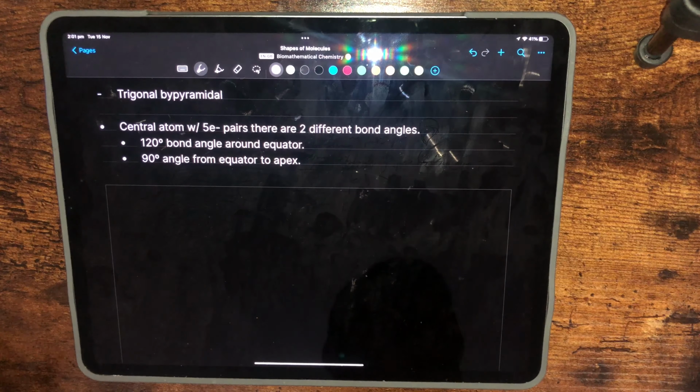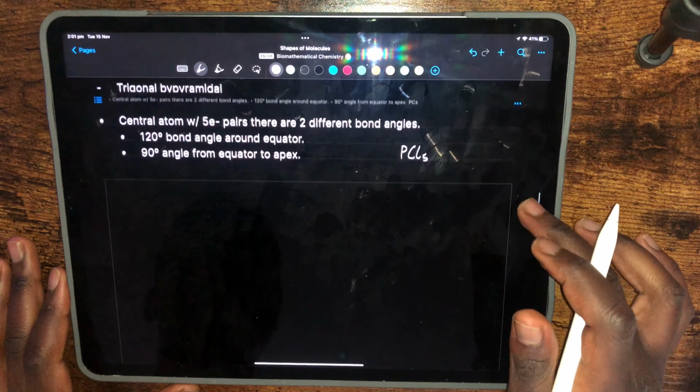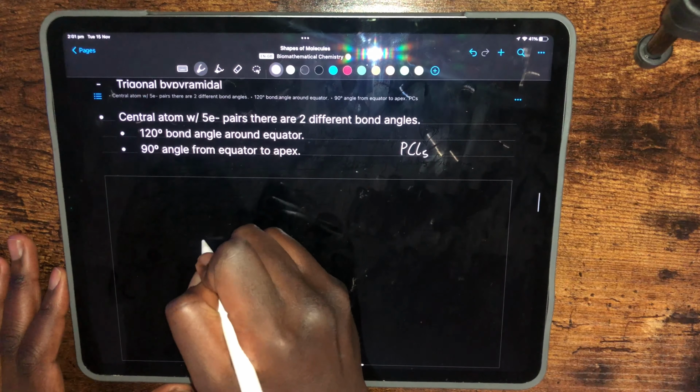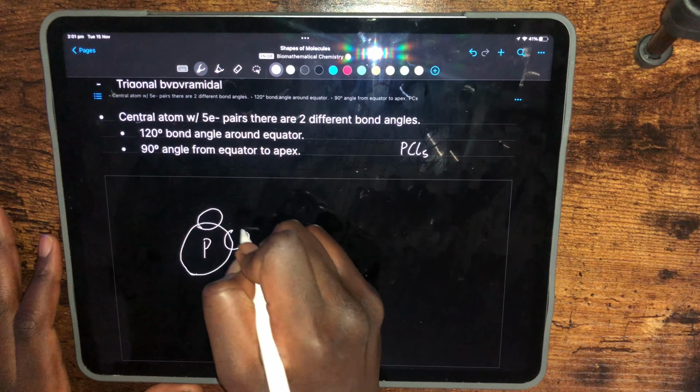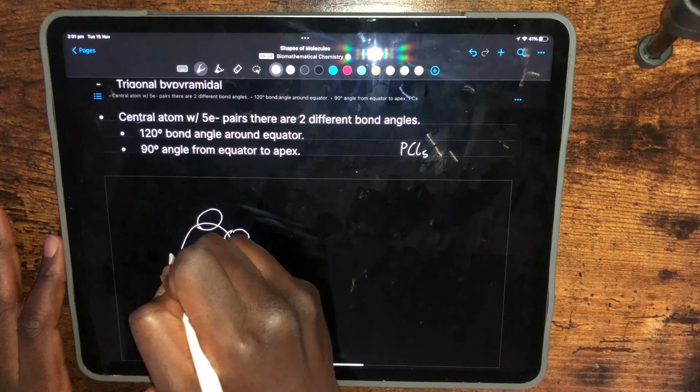So let's say PCl5. So phosphorus and 5 chlorides. PCl5, right? Phosphorus is in group 5. And each chlorine, 1, 2, 3, 4, and a 5th one here.